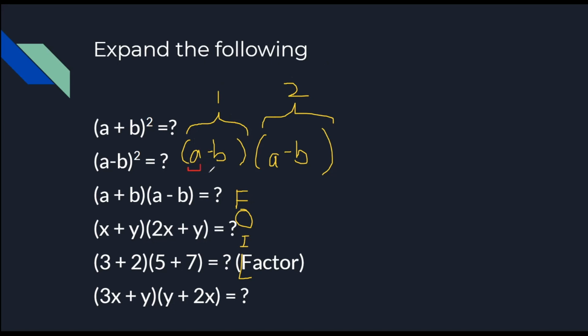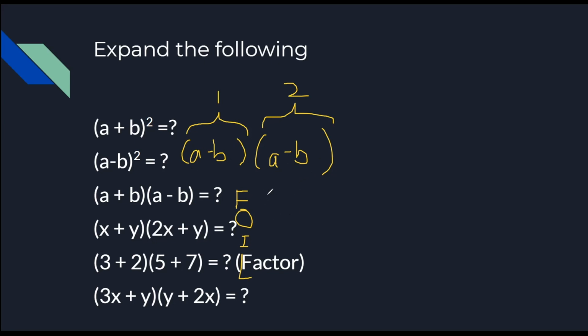So this is the first element. What about the first element in parentheses number 2? Same question. Is it a or negative b? A. Correct. How about the outer elements? In the first parentheses, it'll be a, okay, and then it'll be negative b in the second set of parentheses.